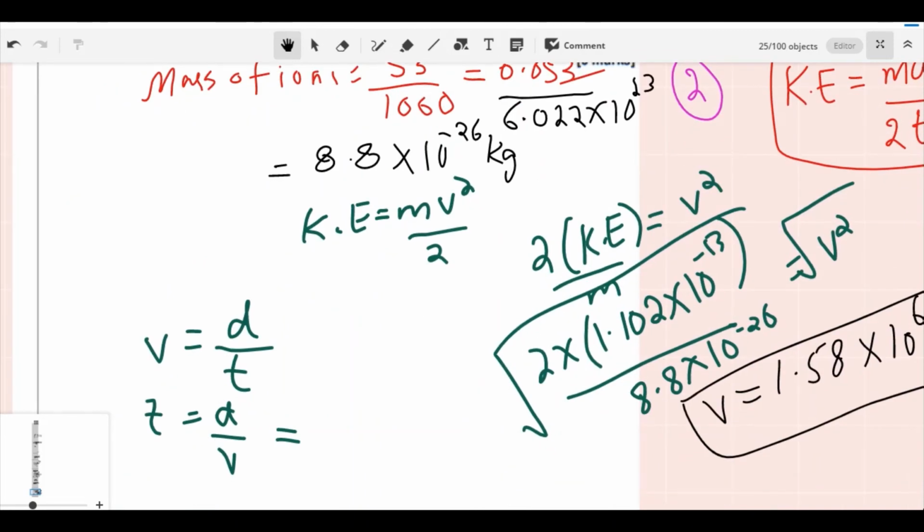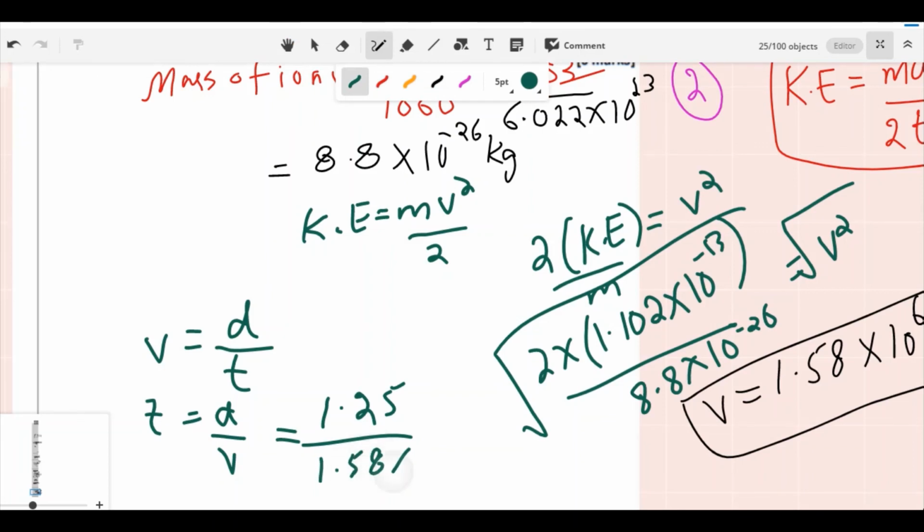So here is 1.25 divided by v, that is 1.58 times 10 to power 6.